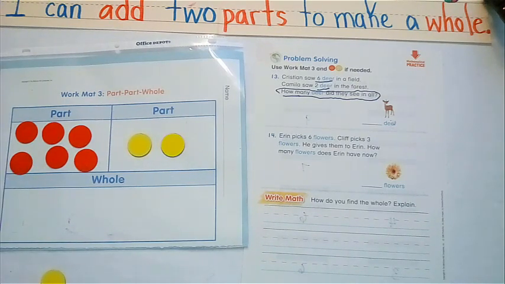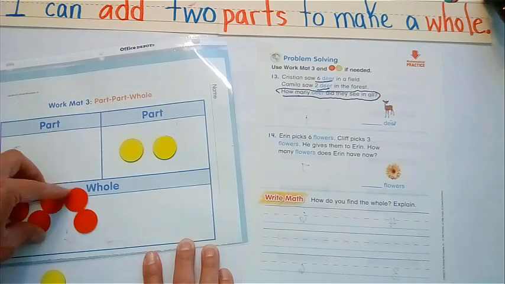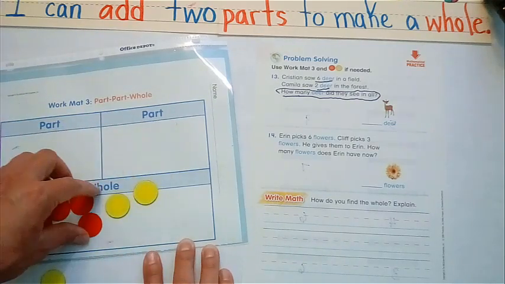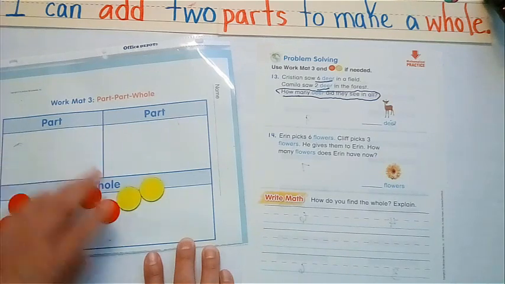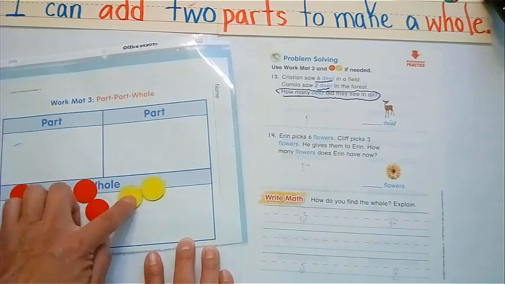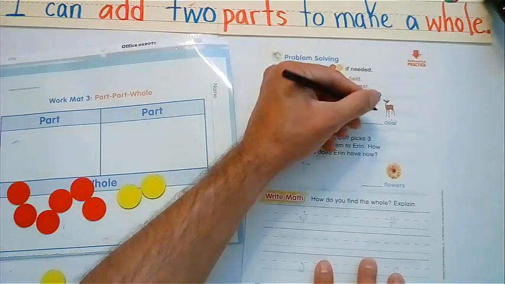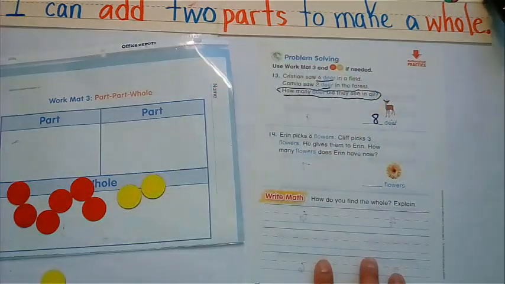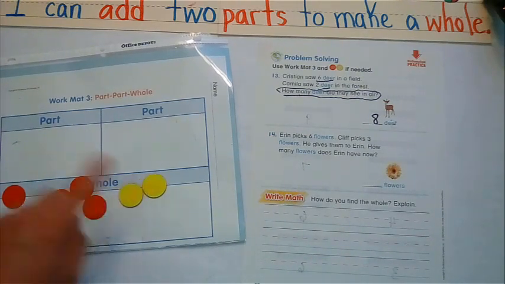So let's put those parts together to get the whole. That way we know how many they saw in all. So we have 6, 7, 8. They saw 8 deer. 1, 2, 3, 4, 5, 6, 7, 8.